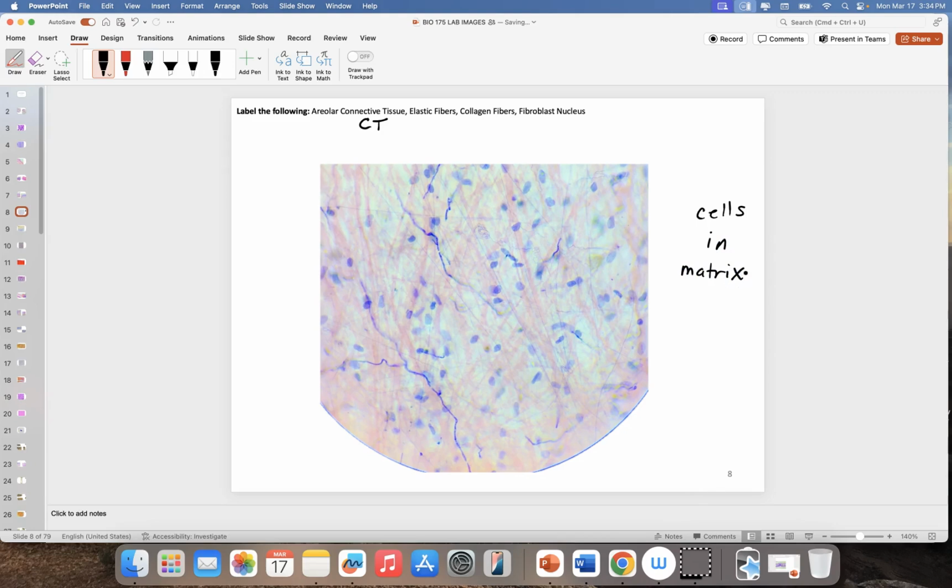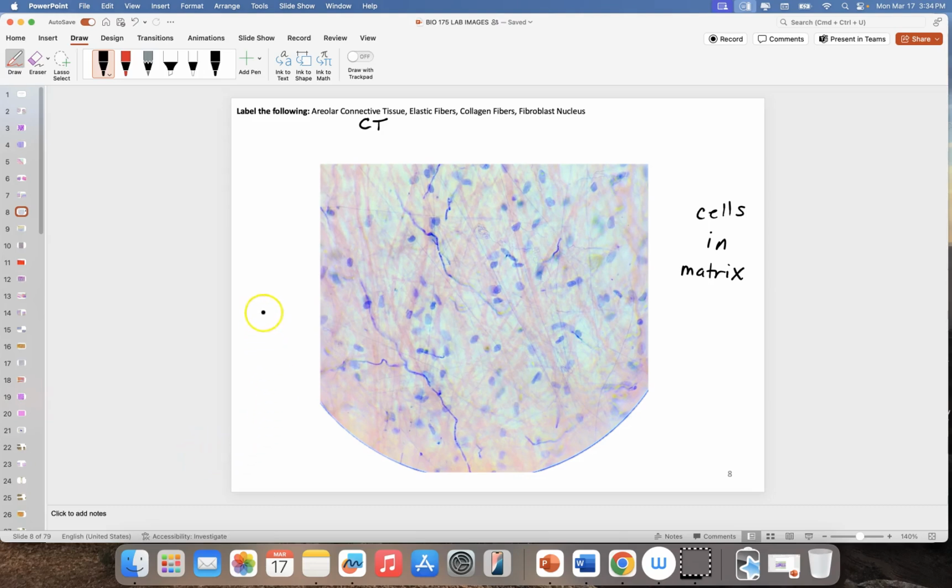And the matrix is going to have special protein fibers, extracellular protein fibers. It's going to have a fluid known as ground substance. And we're going to pick out some of the important features of the matrix in some of our connective tissues that we will look at.